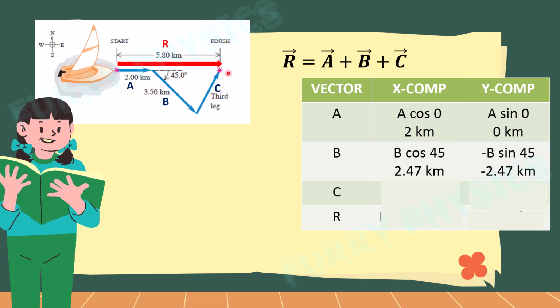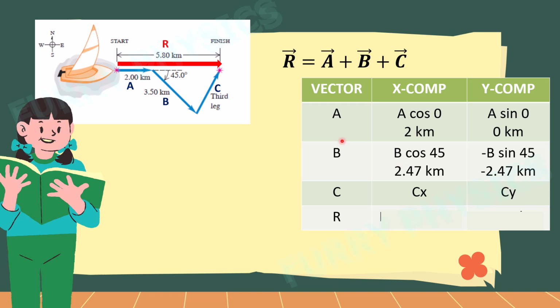Now, the third leg, so that the boat will be at this final position here, is unknown. So the x component of the third leg, vector C, is Cx, and the y component is Cy, which is unknown.